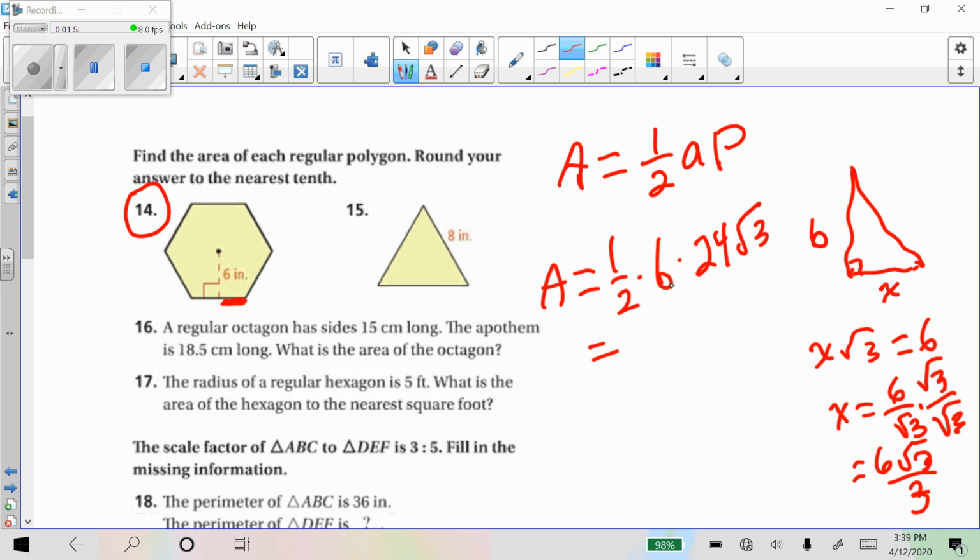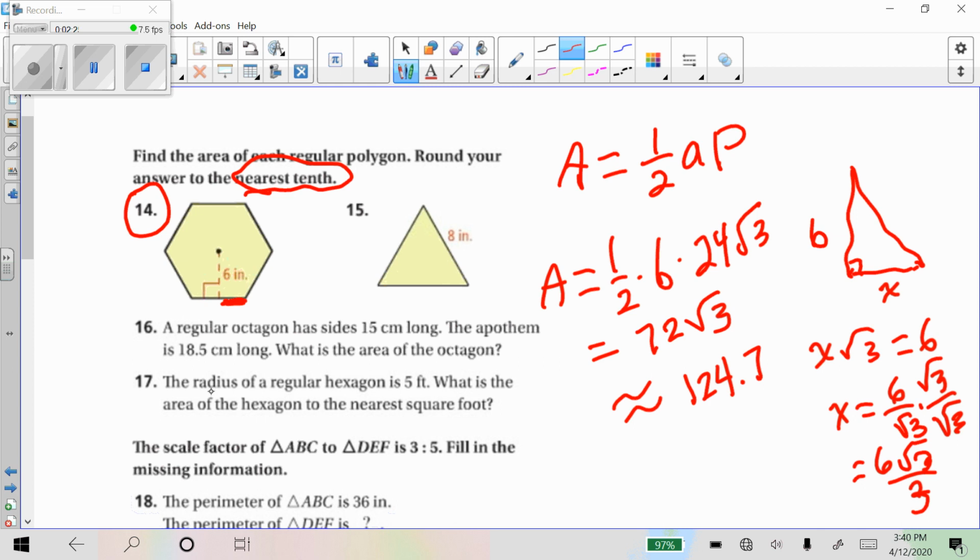And when we multiply this out, we get 1/2 times 6 is 3 times 24 is 72 times the square root of 3. And then we're going to round that to the nearest tenth because that's what it asked for. Looks like that's about 124.7.